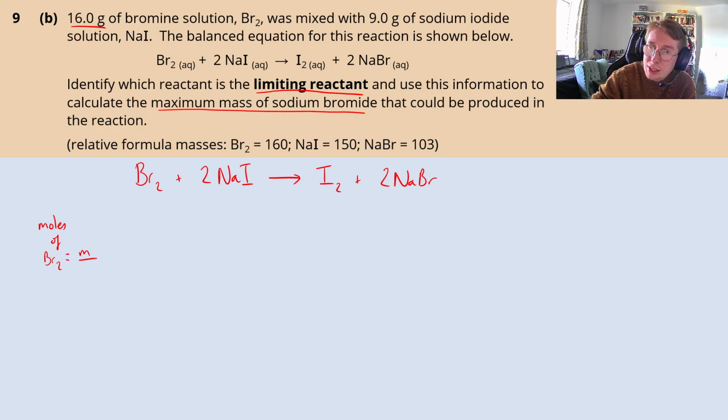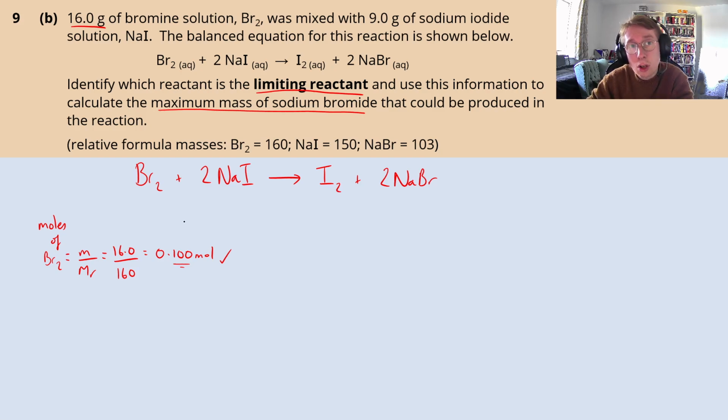And once again, it's our mass divided by our relative formula mass. So we've got 16.0 grams, and we're dividing that by 160. Now if we do that calculation, we get an answer of 0.100 moles. Okay, so that's how many moles of bromine we have. If you've done that, you get 1 mark. If in doubt, find the number of moles.